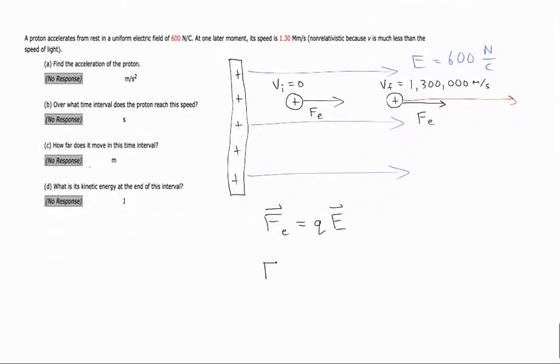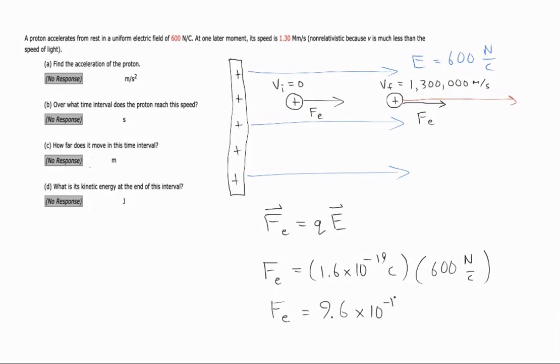So let's do that. Charge of a proton, 1.6 times 10 to the minus 19 coulombs, 600 newton per coulomb field, 9.6 times 10 to the minus 17 newtons then.